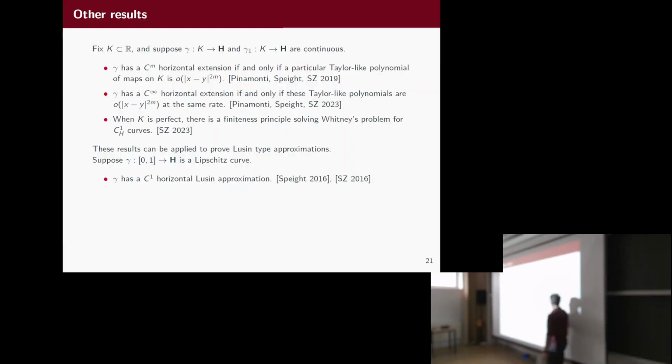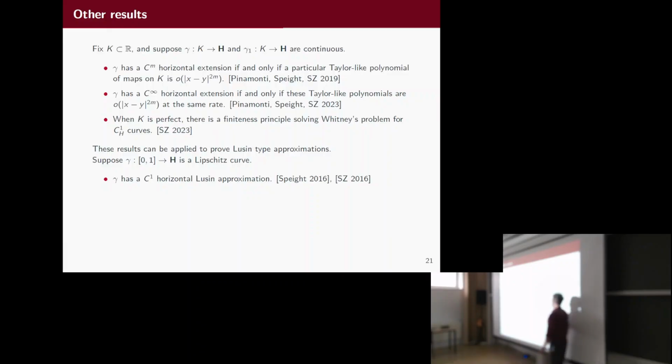In my original paper, and also Gareth in the same year, totally independently, realized that there are C1 horizontal Lusin approximations. Whatever that means, I will explain it in a minute. Funny story about this: I was presenting this result at a conference the very first time I was going to meet Gareth, and I was terrified to meet him because I thought he was going to be angry that he and I had proved the same thing, and I was a grad student at the time.